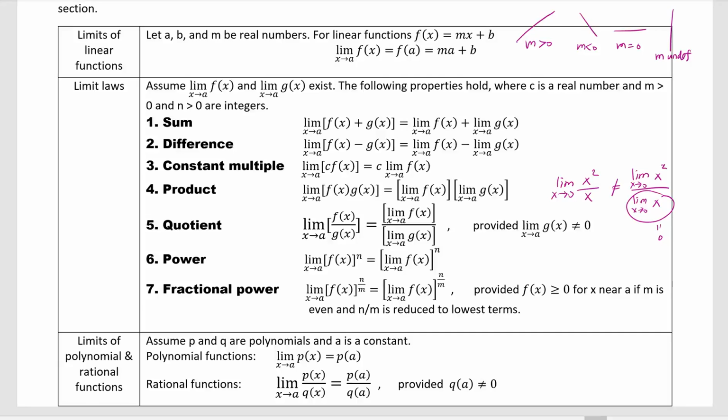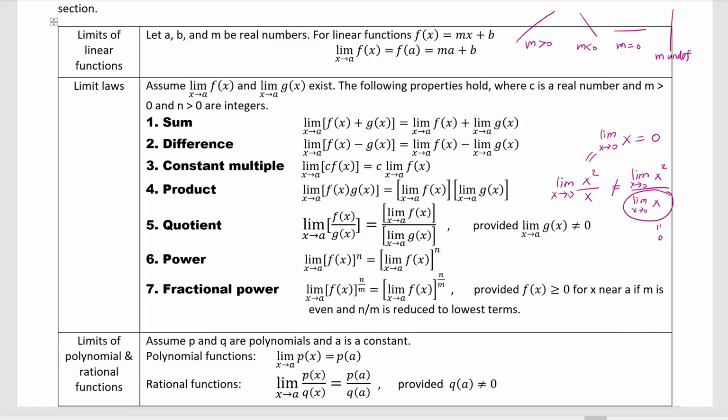You cannot have 0 in the denominator. Instead we can simplify: because x is approaching 0 and is not exactly 0, we can cancel the x and get the limit of x, which is 0. So don't separate the numerator and the denominator.